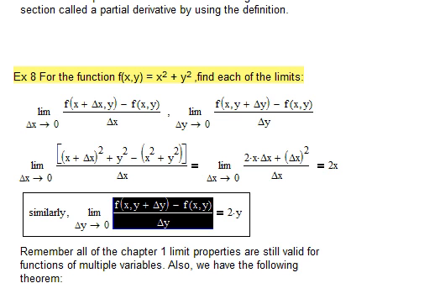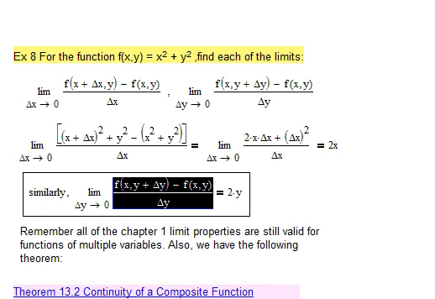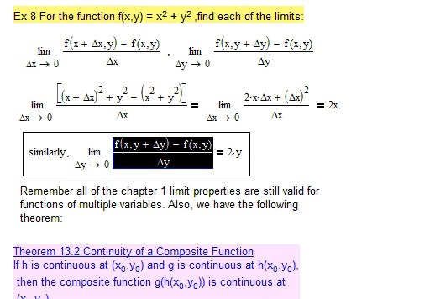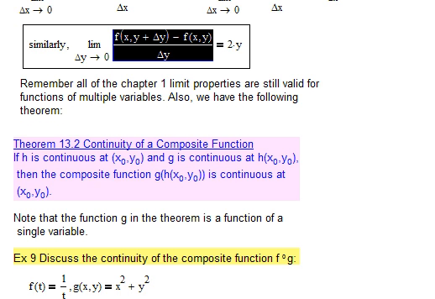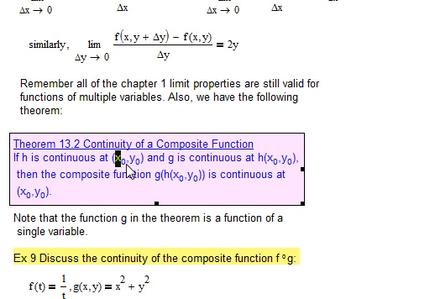Okay, that's good. So all the properties of limits are still valid for functions of multiple variables, and we also have the following theorem, the continuity of a composite function. If h is continuous at the point x sub 0, y sub 0, and g is continuous at h of x sub 0, y sub 0, then the composite function g of h of x sub 0, y sub 0 is also continuous at x sub 0, y sub 0.